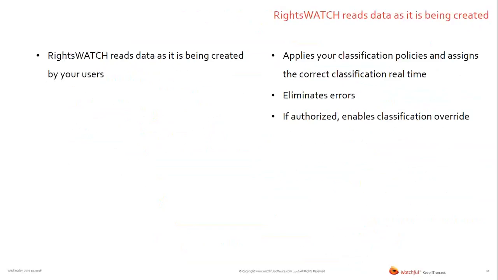So RightsWATCH reads the data as it is being created by your users. It applies your classification policies and assigns the correct classification in real time and eliminates errors. And importantly, if you find that there are certain people in your organization that need to override a certain classification, they can be enabled to override this situation.